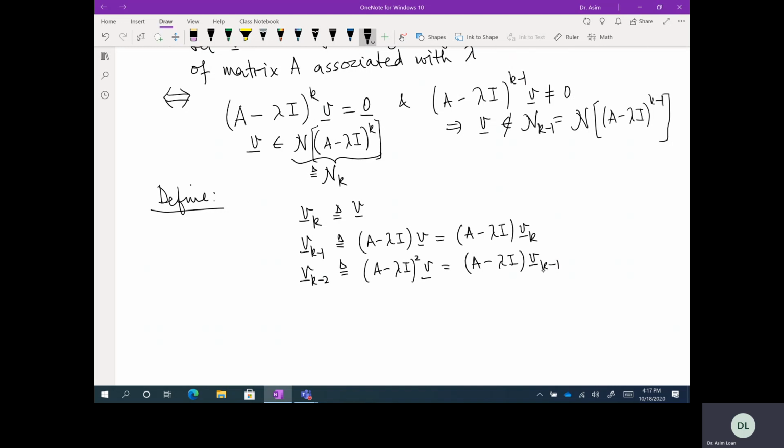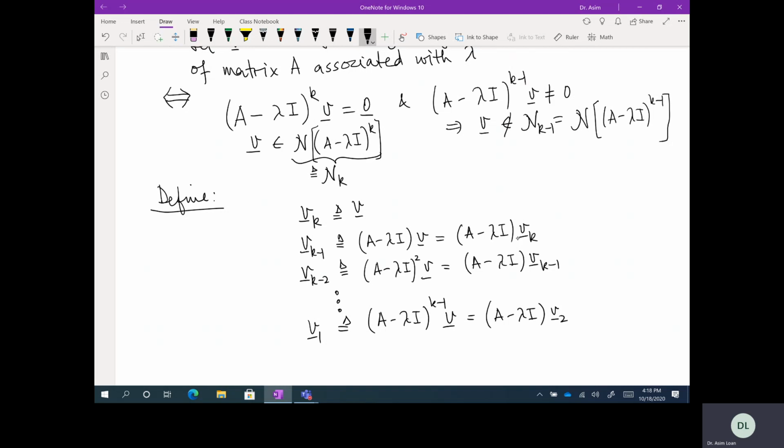Because if instead of v_(k minus 1) I put this value, I will go back to this equation where v_k is equal to v. So continuing on, the final one is v_1, (A minus lambda I)^(k minus 1) times v, equals (A minus lambda I) times v_2.